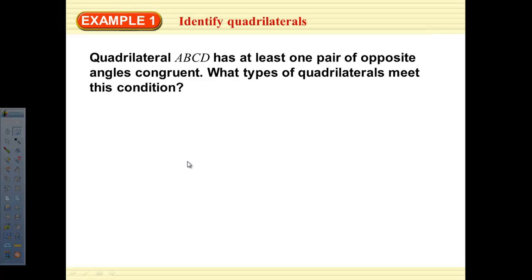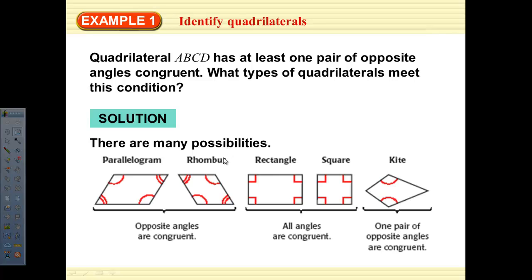For this first question, it says quadrilateral ABC has at least one pair of opposite sides congruent. We want to know what quadrilaterals meet that condition. If you look at your graphic organizer, you can see that there are quite a few things that have one pair of opposite sides congruent. First of all, we know that parallelograms and rhombuses have opposite angles congruent.